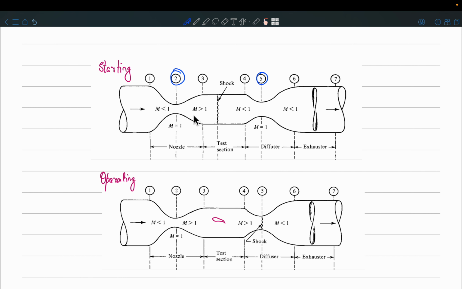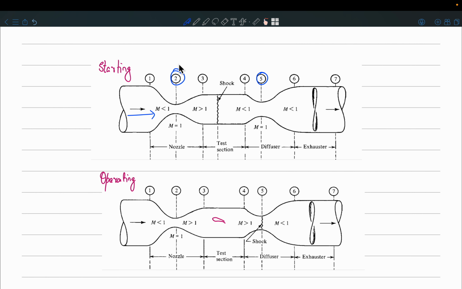So shock could have occurred anywhere. The shock will occur at the location where the area is minimum. We know that. It will start occurring after that. So first of all, understand that the flow is moving in this direction. So whatever has to happen will first happen around this throat.